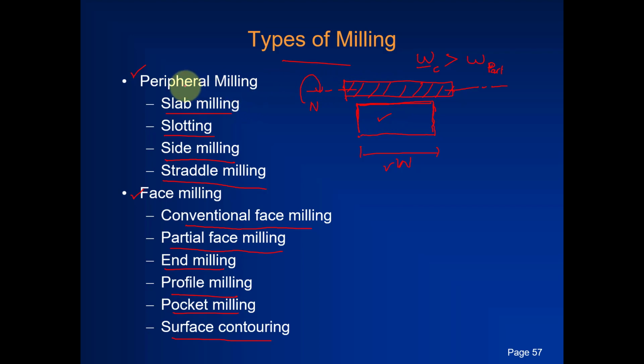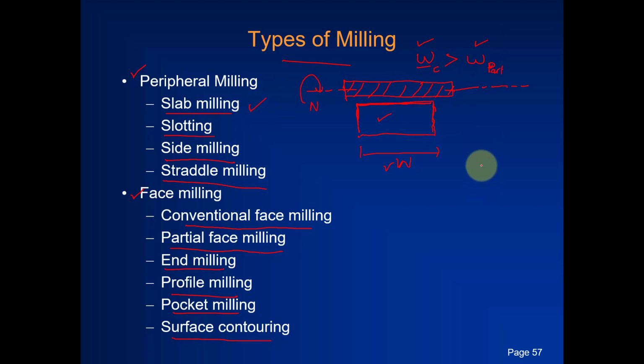Slab milling is a type of peripheral milling, and you know that in peripheral milling the axis of the cutter is parallel to the surface being machined. First, you have to look at whether this axis is parallel to this surface or not. If it is parallel, then the second criterion is to check whether the width of the cutter is greater than the width of the workpiece. If yes, then this type of peripheral milling is known as slab milling.